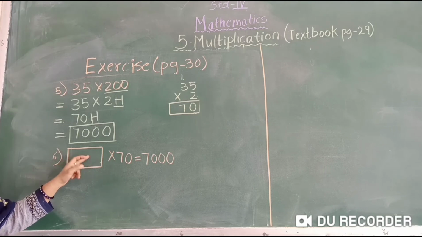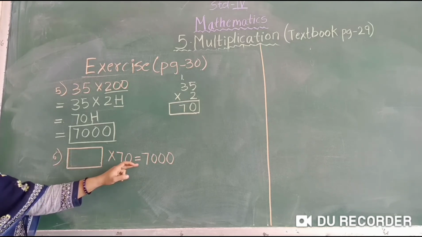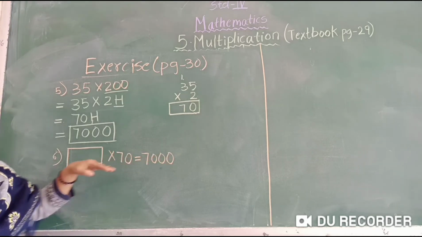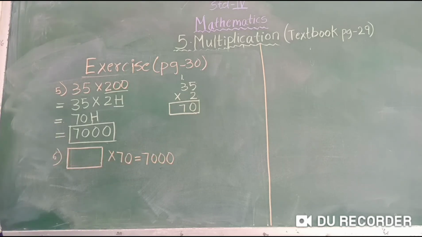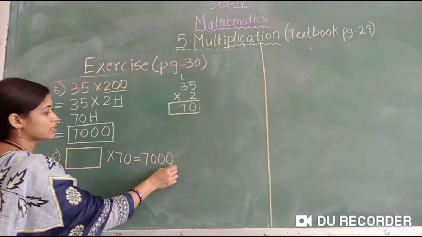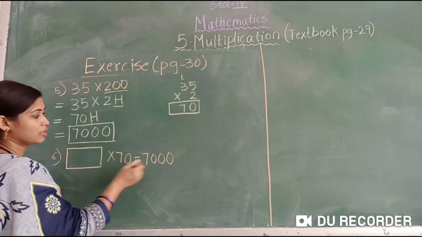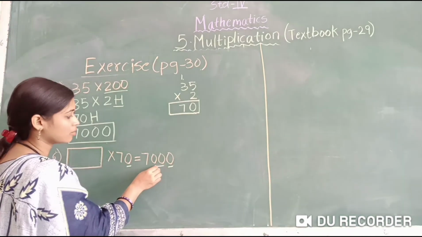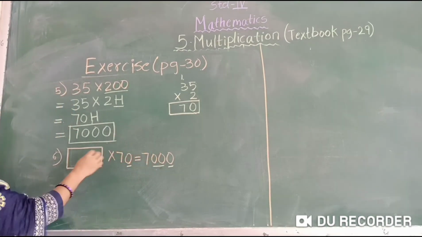Next question, the sixth one. A blank box is given, multiplied by 70 equals 7000. Here they have given the answer and they are asking what the question will be. Now, in this 7000, 1 zero is of 70. How many zeros are remaining here? 2 zeros. Therefore, these 2 zeros we will add here.